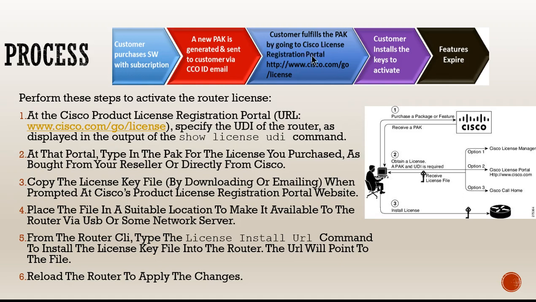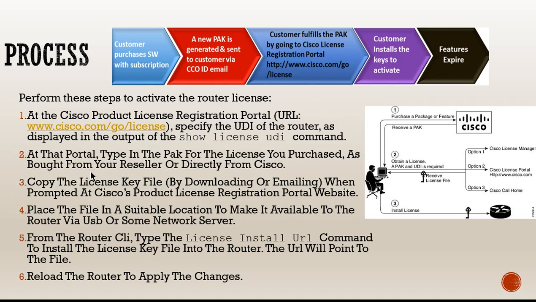The customer fulfills the PAK by going to the Cisco registration portal, going to license, specifying the UDI of the router from the show license output, and at the portal typing in the PAK license that you purchased.